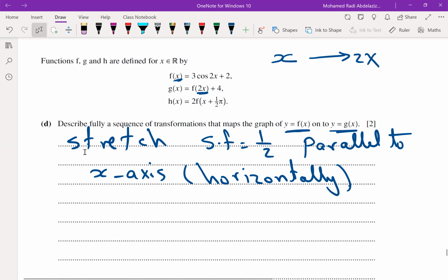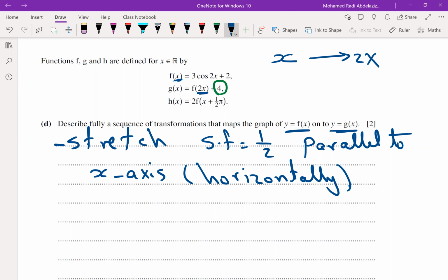This is part D. Describe fully a sequence of transformations that maps the graph of y equals f of x to the graph of g of x. This is the first part of the transformation, followed by, when we add 4, this is called what?